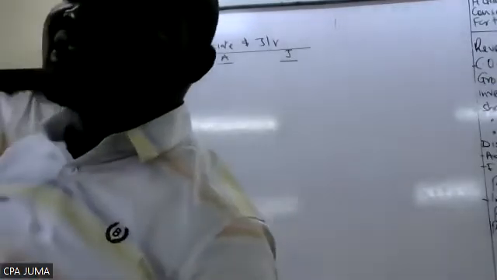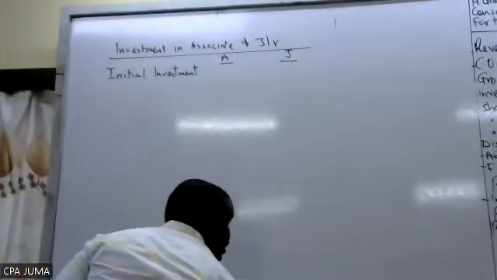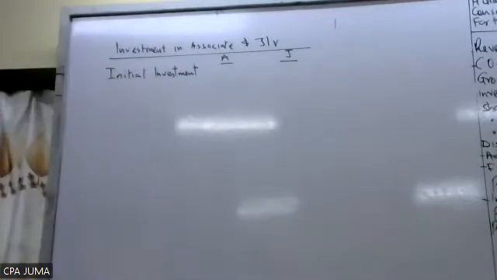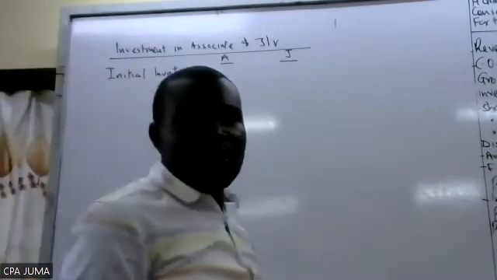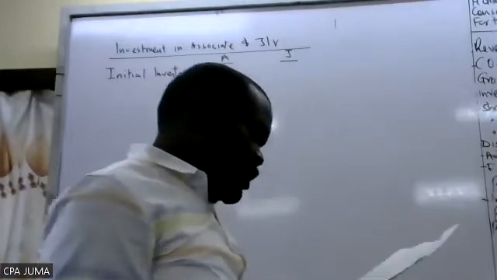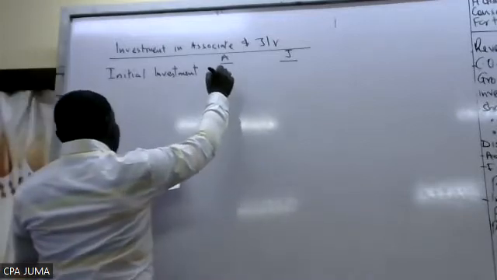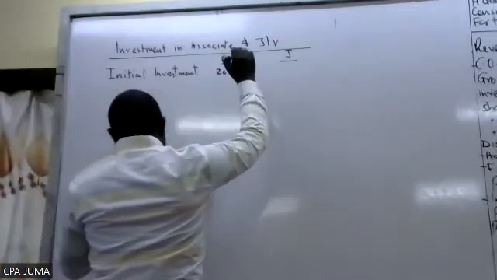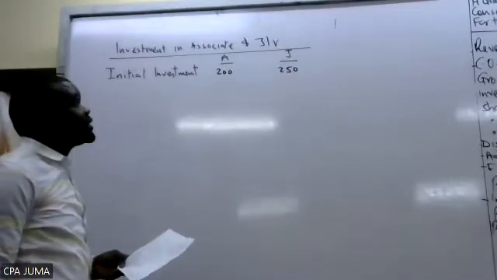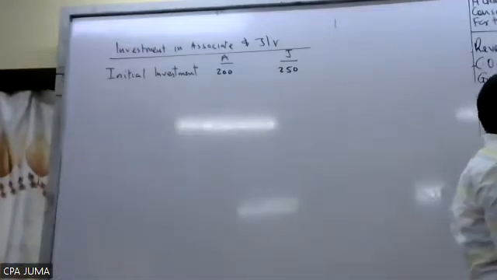Check note 1, the purchase, whatever it is, in additional information number 1. Initial investment in A, parent invested 200. In J, parent invested how much? 250. I hope you can see the figures. Initially they invested 200 and also they invested 250.